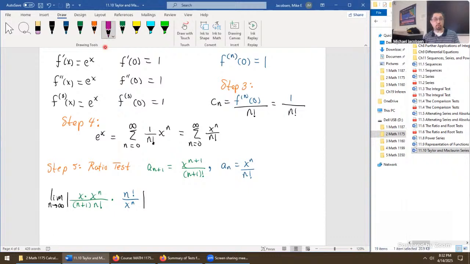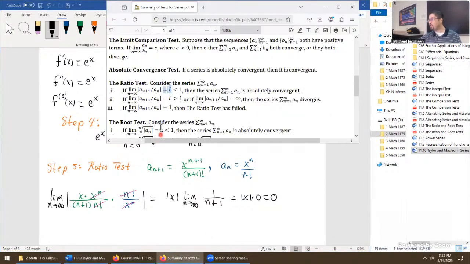That's part of what makes it work so well. And here are these cancellations. Factorials are gone and x to a power are gone, leaving behind the absolute value of x outside the limit. It's a limit as n goes to infinity of 1 over n plus 1. So that's where the ratio test settles. The limit's fast. The limit of that is just automatically a 0. So this is the absolute value of x times 0, which is 0.